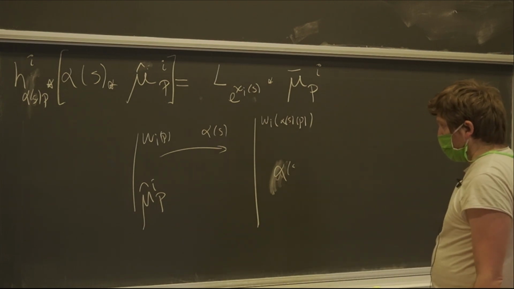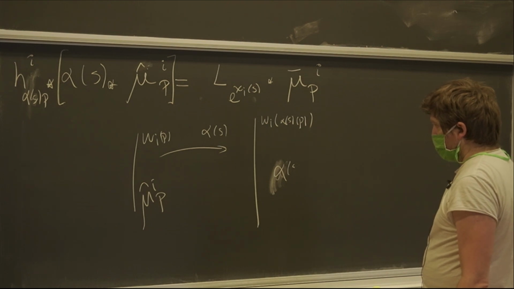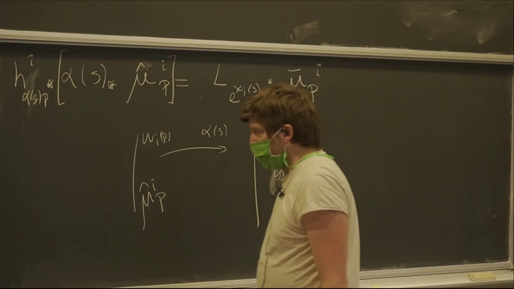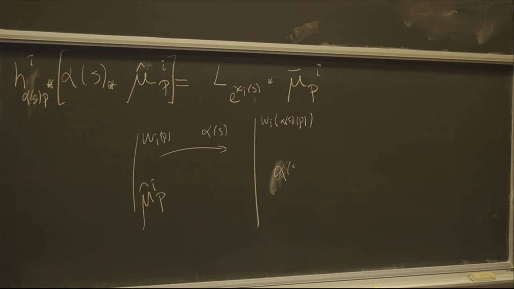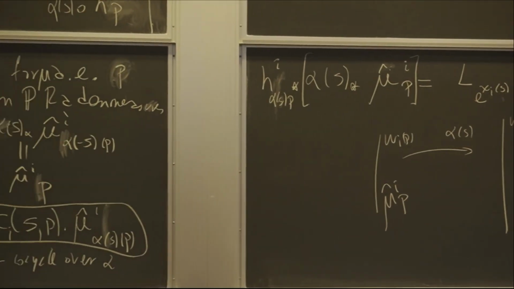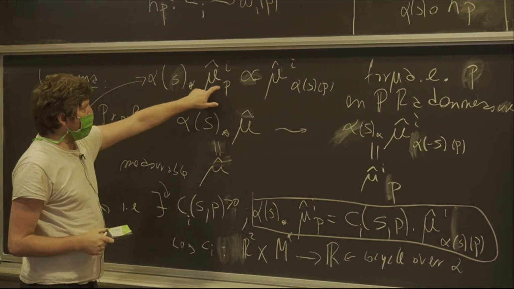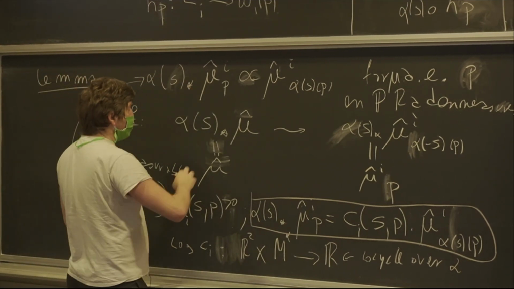Where does this push measure live? Well, I think the order there is wrong on the left-hand side. Yeah, unless I put the star upstairs, you are right, no? So I should put a minus here. Because this alpha S goes, or I should put the alpha S here rather, no?